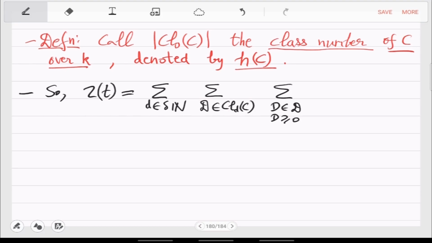So not all the elements in the class, but only the non-negative ones. Don't use negative ones. That we have counted. So this is equal to, we just count t raised to d, so we have shown that it's this L dimension.